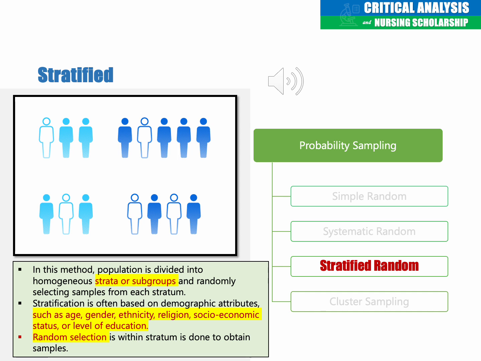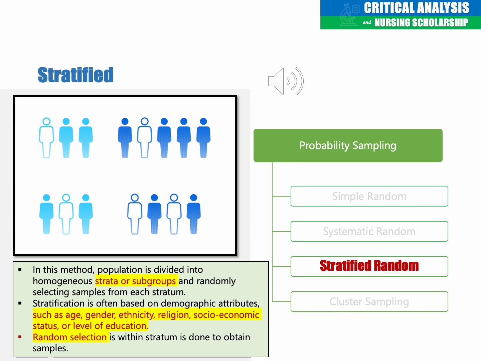Now, the next type of probability sampling is called stratified sampling. This method is used when the population includes important subgroups, or we call this strata, such as age, gender, ethnicity, religion, socioeconomic status, level of education, etc., depending on your research purpose. Now, how does stratified sampling work?